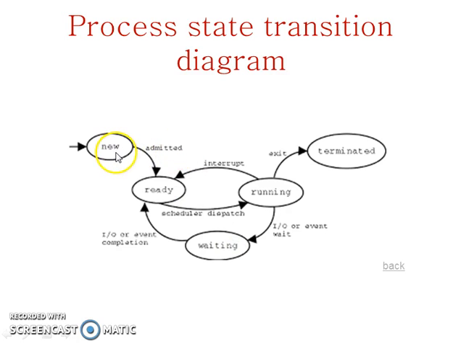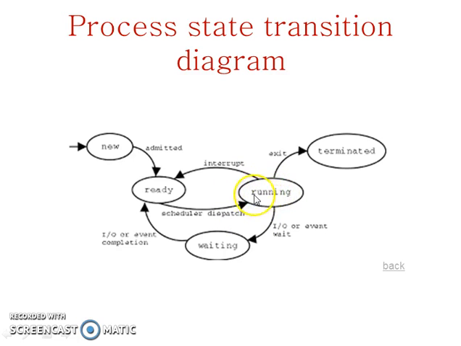So we know that whenever a process is ready for execution, whenever all resources are available with it, it is admitted to the ready queue. Then whenever CPU time can be given to a particular process, it will be dispatched to the running state. These oval shapes are the states of a process.